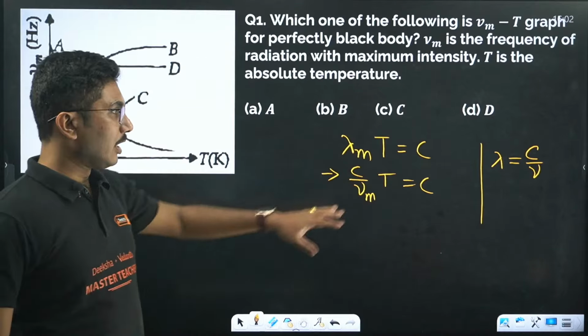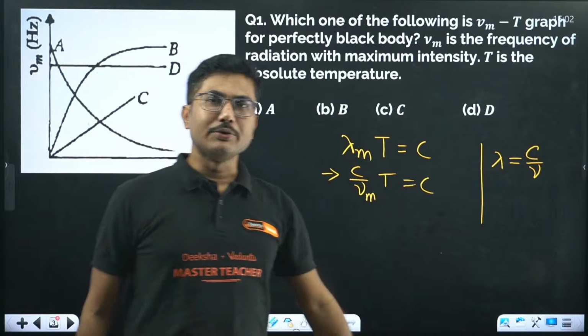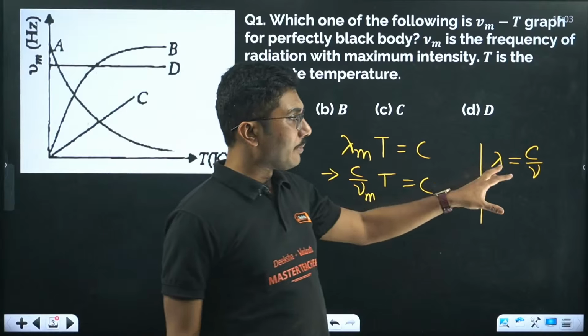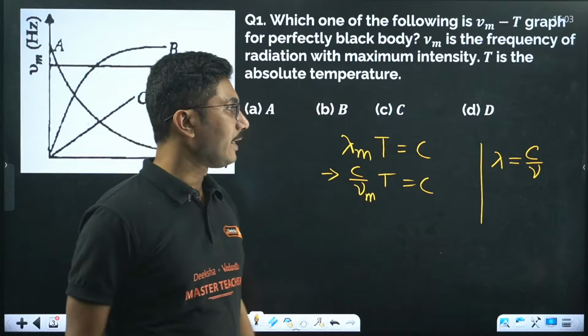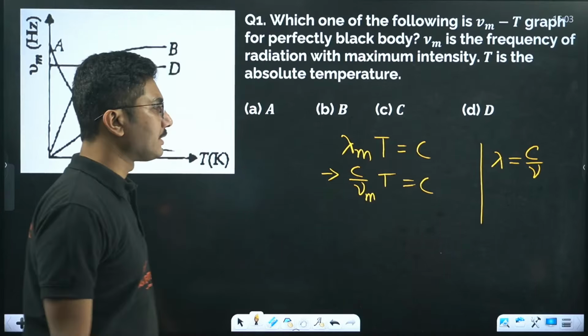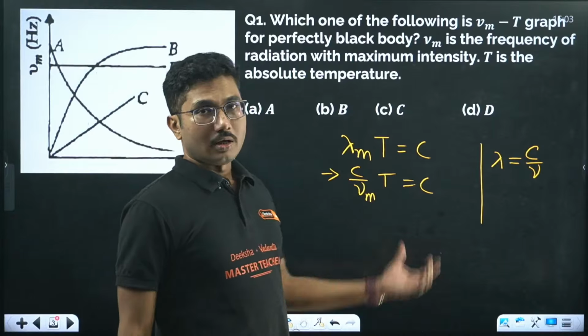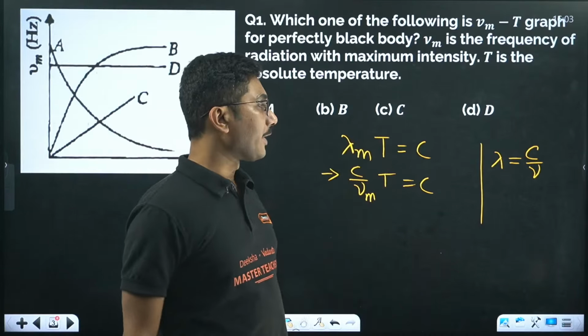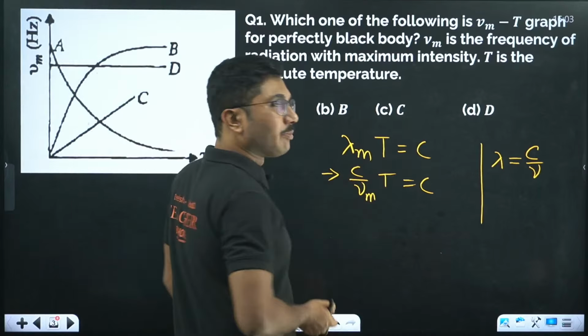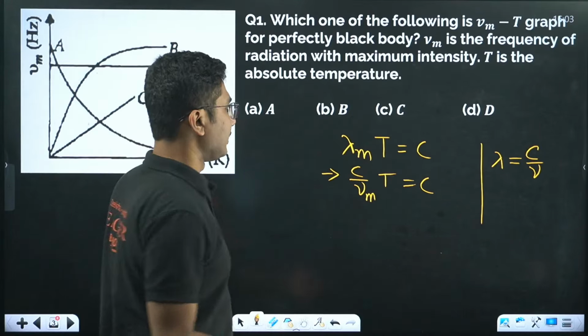We have used this equation a lot in dual nature of radiation and matter. So wavelength is equal to the speed of light divided by its frequency. For black body radiation, it is emitting electromagnetic waves, so it is C by nu. And for maximum wavelength it will be maximum frequency, right?